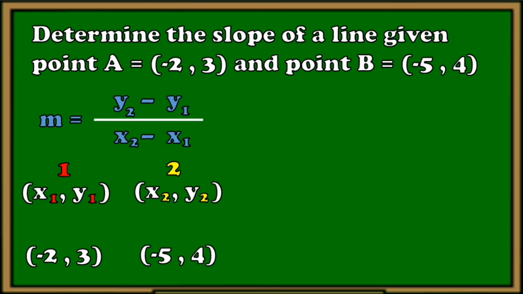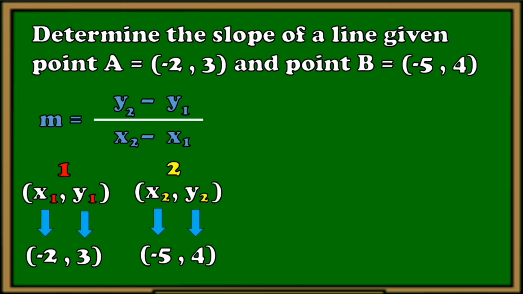And under 2, we're going to put the coordinates of point B, negative 5 and 4. We're just going to do the same what we did earlier. X sub 1 is negative 2, y sub 1 is 3, x sub 2 is negative 5, and y sub 2 is 4.